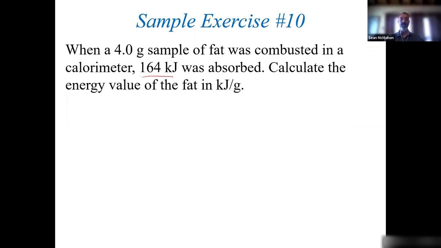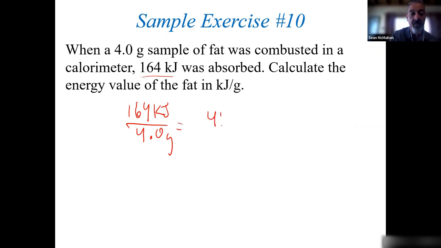Can I calculate the energy of fat in terms of how many kilojoules are released per gram of fat that I burn? Yeah. 164 kilojoules of heat are released per 4 grams of fat that are burned. So I'm going to get 41 kilojoules per gram of fat.